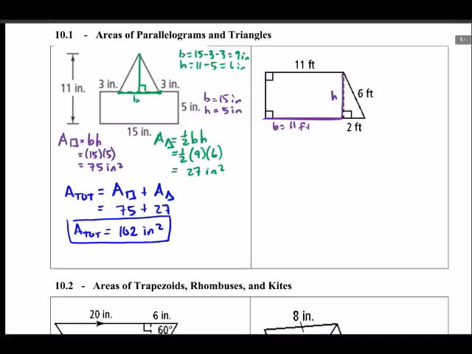So how are we going to find the height of that? Well, we have a right triangle, and we know that this side measures 2, the hypotenuse is 6, and we are looking for that right there. We could call that H.